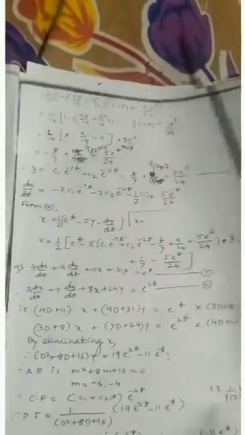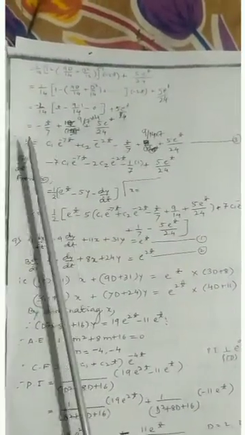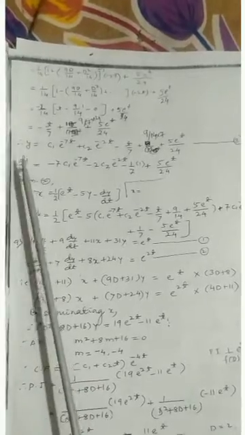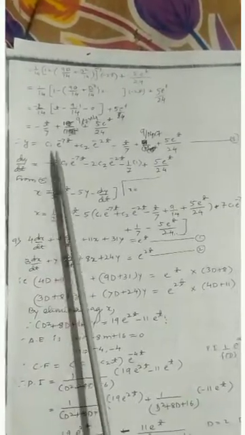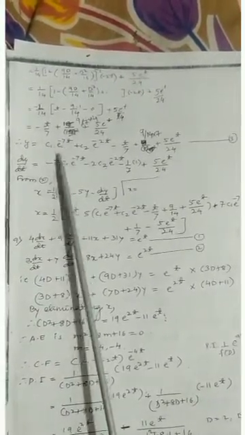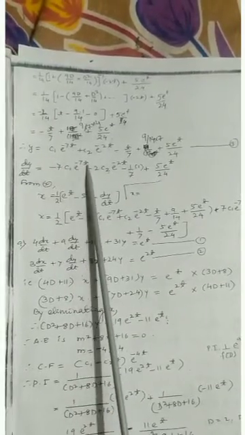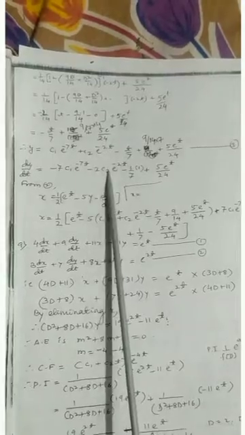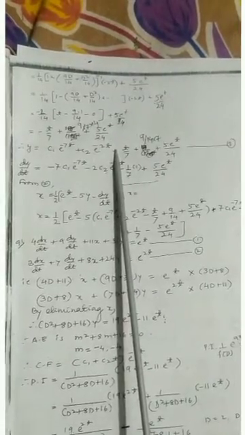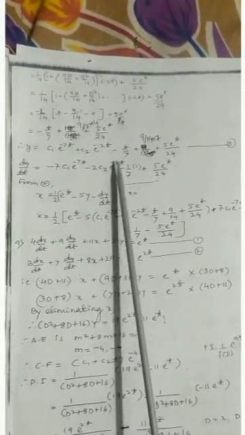Let's see, putting the value into equation 2, we need dy by dt. That's why I am differentiating y with respect to t. What do you get? dy by dt is equal to C1 as a constant, e to the power minus 7t gives minus 7 into e to the power minus 7t. C2 as it is, e to the power minus 2t differentiates to minus 2 into e to the power minus 2t.